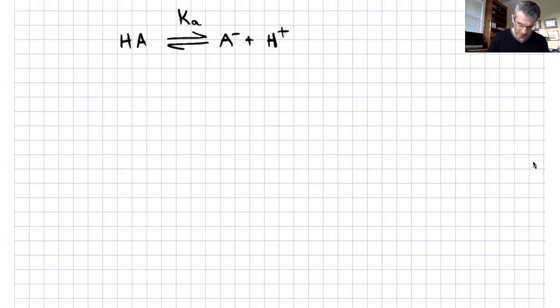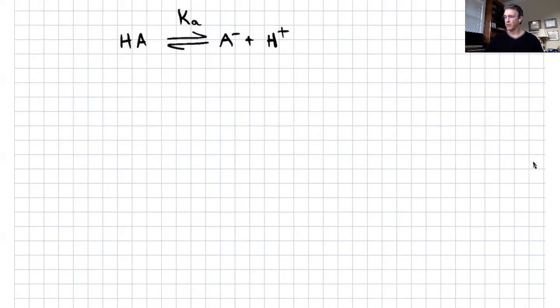As a quick reminder, you'll hopefully recall that discussion we had about weak acids and weak bases, where we have a weak acid that can dissociate into a conjugate base and a proton, for example. And we had an associated equilibrium constant, Ka.